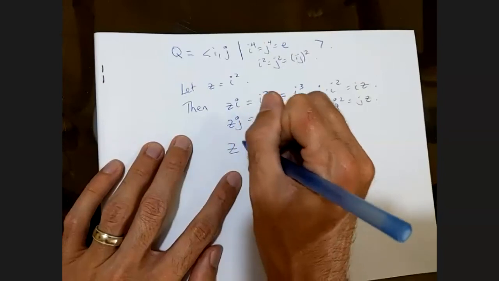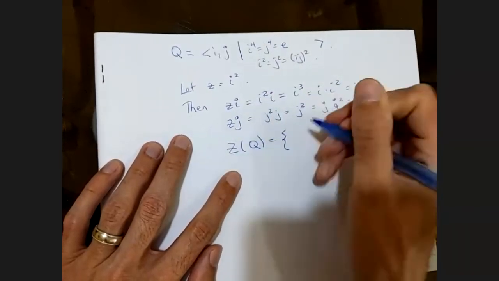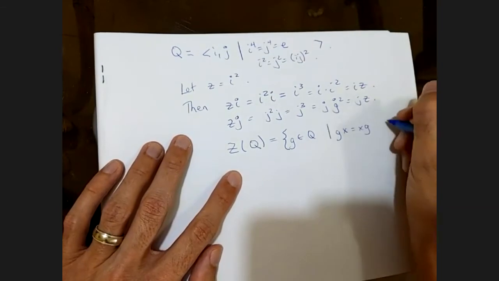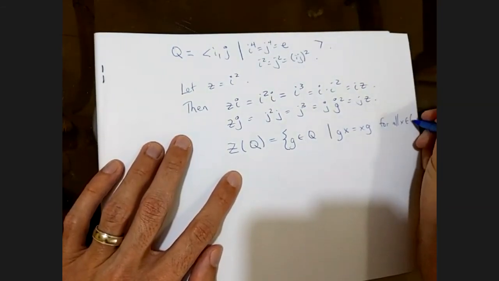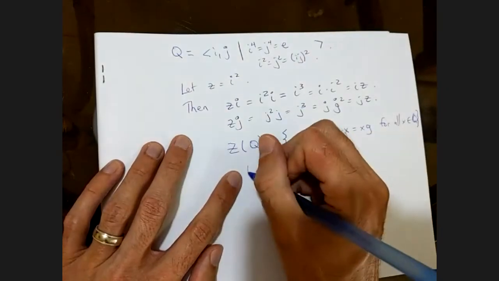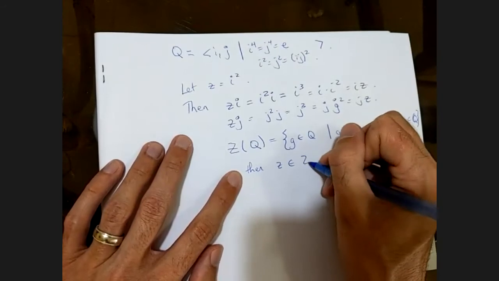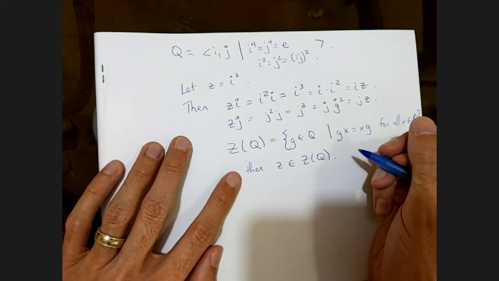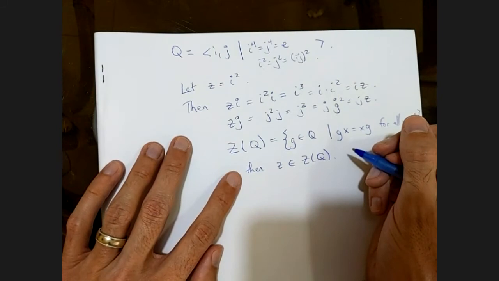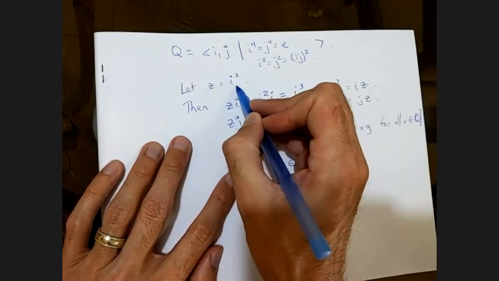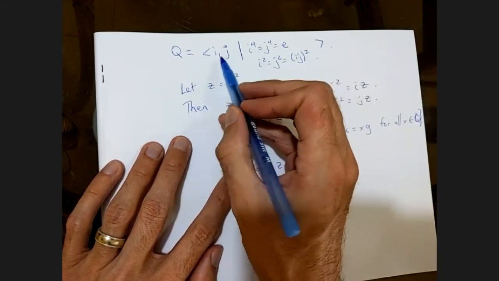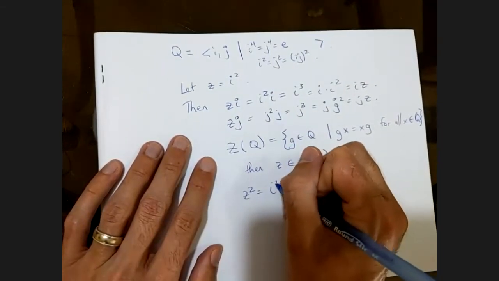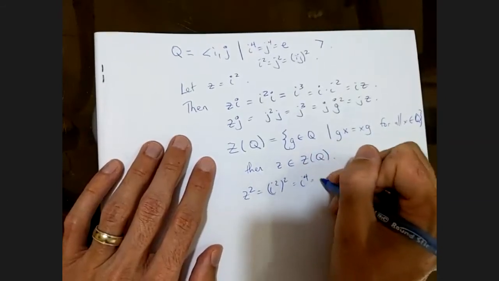So if we put the center of Q to be all the elements g of Q such that gx equals xg for all x, then that means Z is in the center of Q. So this element I squared, also known as Z, commutes with everything in Q. And also Z squared is I squared squared is I to the fourth, which is the identity.